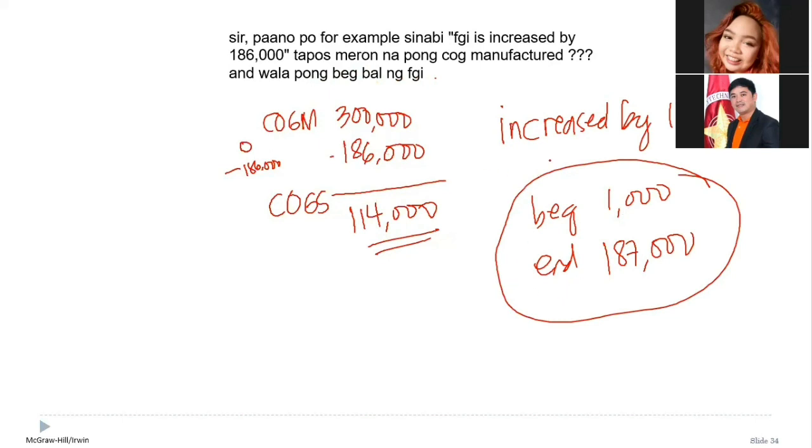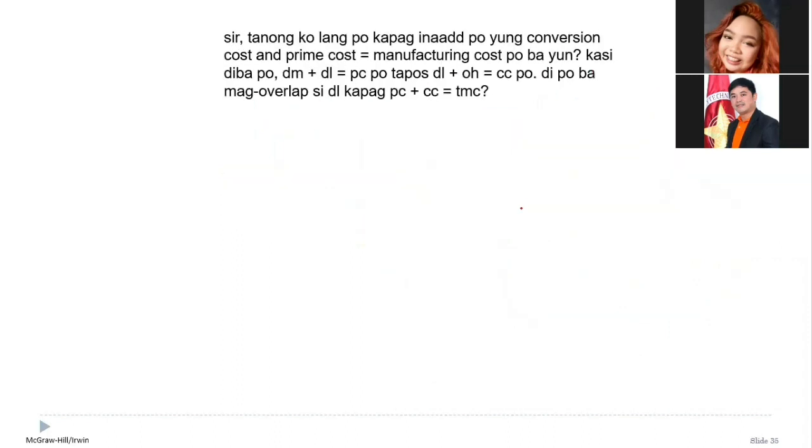So, enough na sa atin yung phrase na increased by. Okay, so baka may follow-up question yung nagtanong kanina. Opo, COGS. Yes, tama naman daw na COGS po yung hinahanap. Okay, so pag meron na kayong increase by finished goods, huwag na kayong maghanap ng iba. Enough na yan to solve for your COGS. Okay? So let's go to the next question.